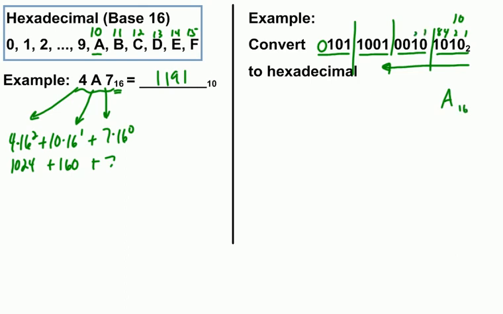Okay, 1, 2, 4, 8, that's just the number 2, and we can write the number 2. 1, 2, 4, 8, that's the number 9, and we can write the number 9. And then 1, 2, 4, 8, 1 and 4 is 5, so we can write the number 5. So each one of these hex digits corresponds to 4 bits, and then those 4 bits can be converted into decimals.